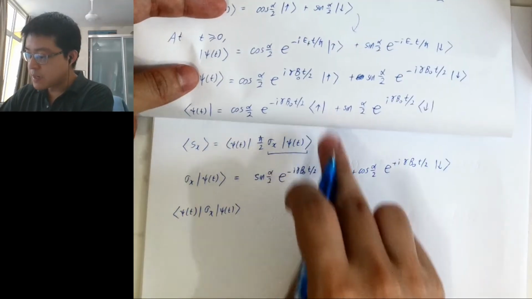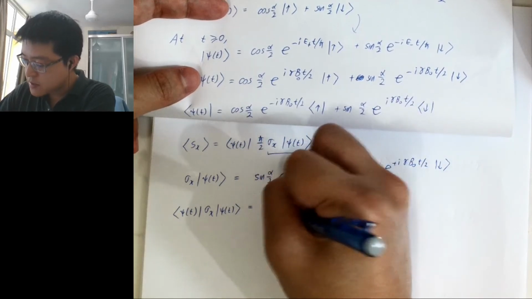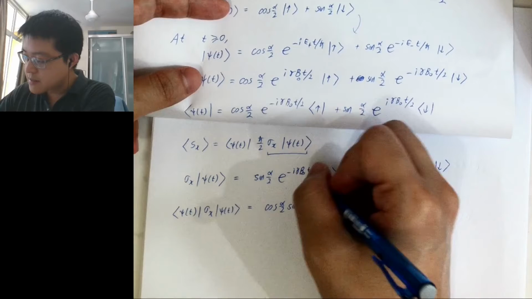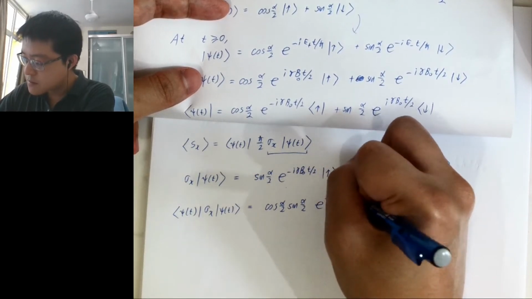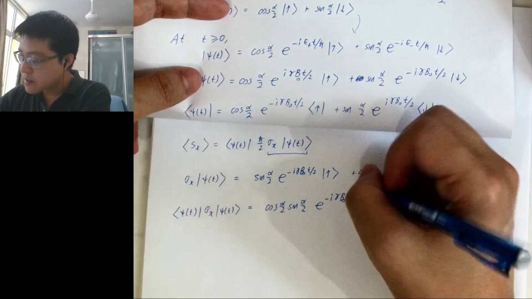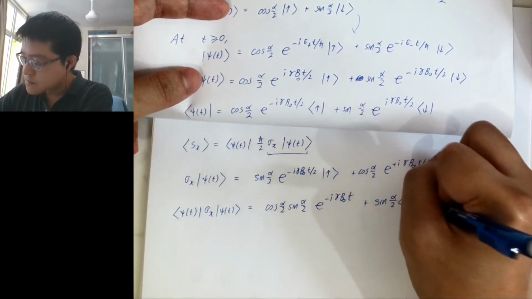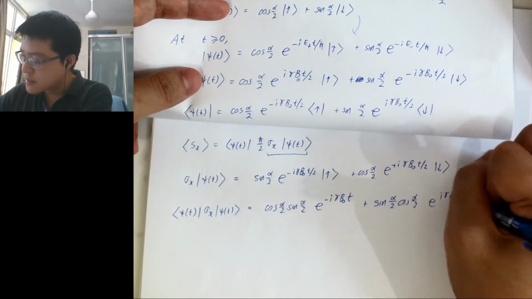So the bra is up and up, so I get a sine cos. So cos alpha over 2, sine alpha over 2. This thing multiplied by this thing, the exponential over 2, the half will disappear. And then down acting on down becomes sine cos, and this times this is just e to the i gamma B0 t.